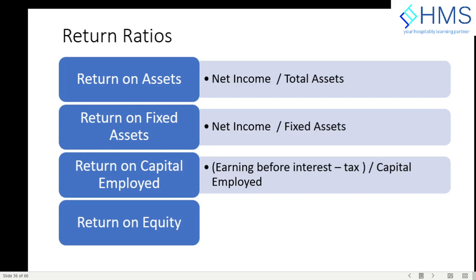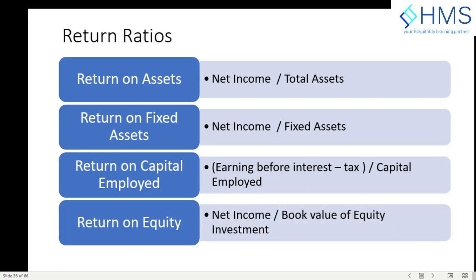Return on equity is calculated by net income divided by the book value of equity investment, or for listed companies it can also be calculated by market value of equity investment. If you calculate in traditional accounting terms, it's calculated by book value, so that the balance sheet is tallying.